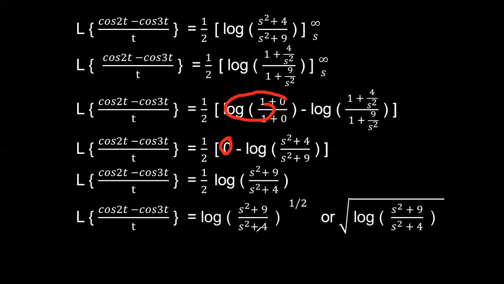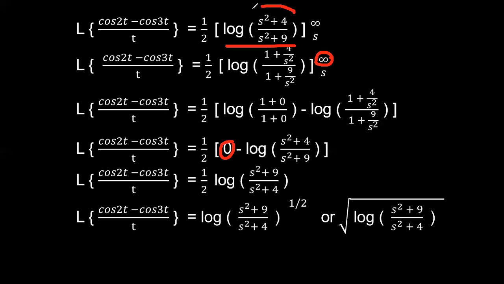You can directly write it as: whenever you have the infinity term, you simply write 0 as the first value after substituting the upper limit. 0 minus, and for the lower limit you have to represent the same function, before taking the common s term.